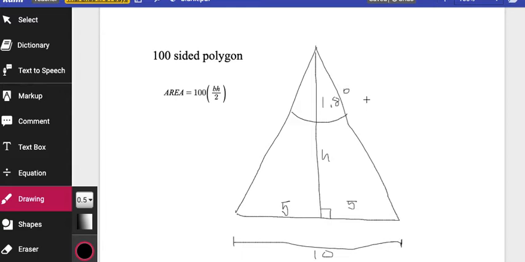My base is 10. I need to find my height. So I'm going to use my good old friend trigonometry, and I'm noticing that if this is my angle, this is the side opposite, this would be the side adjacent. I don't have the hypotenuse, which means I'm going to have to use the trig ratio that doesn't have the hypotenuse. Well, that would have to be tangent, right? TOA, tangent, opposite over adjacent.